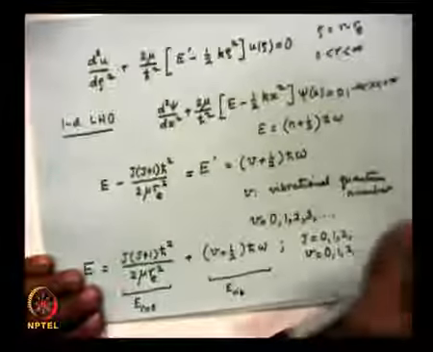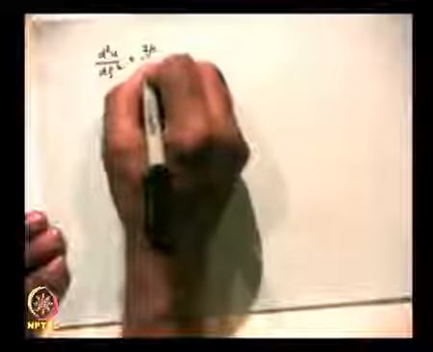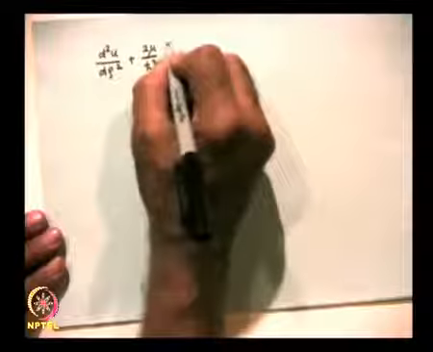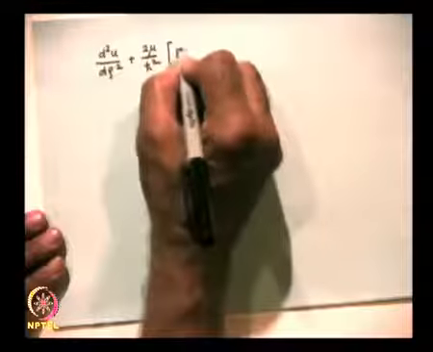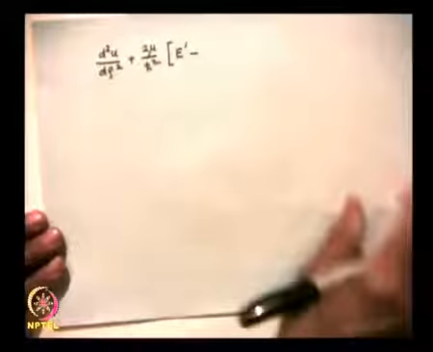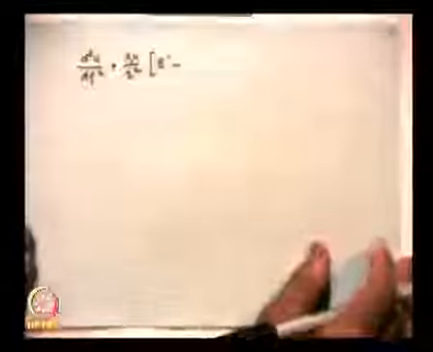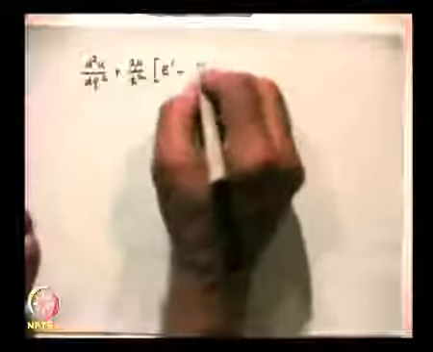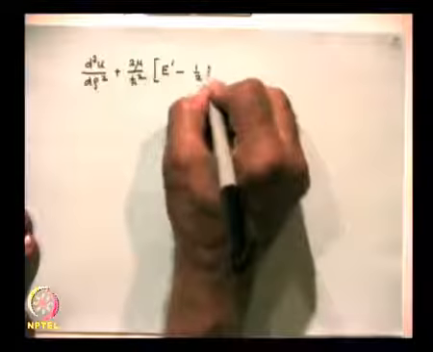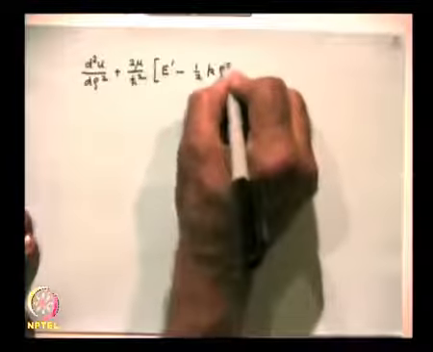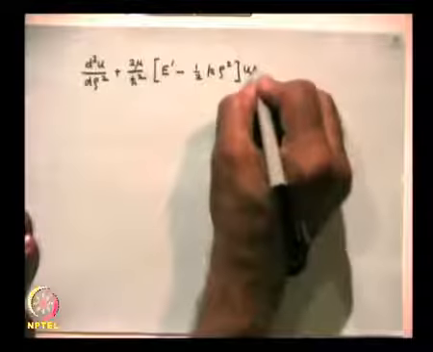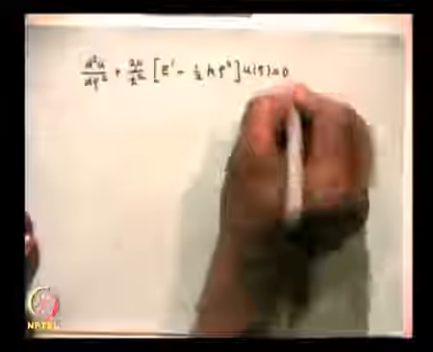So, let me write this down again. We have d2 u by d rho square plus 2 mu by h cross square times E prime minus half k rho square, u of rho is equal to 0.